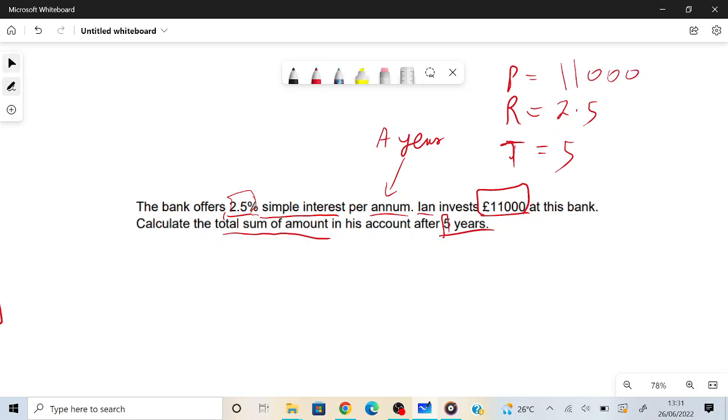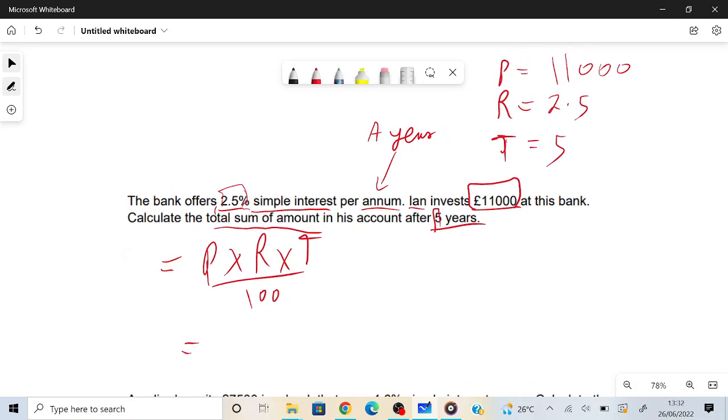Again, now that we have our values, let's put it into our equation. P times R times T over 100. Again, doesn't hurt to write the equation. You can always write it. Helps you organize your answer. This becomes P, that's 11,000, times your R, which is 2.5, times your T, which is 5, over 100.